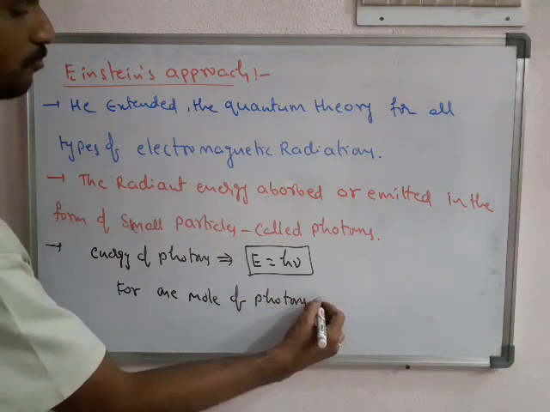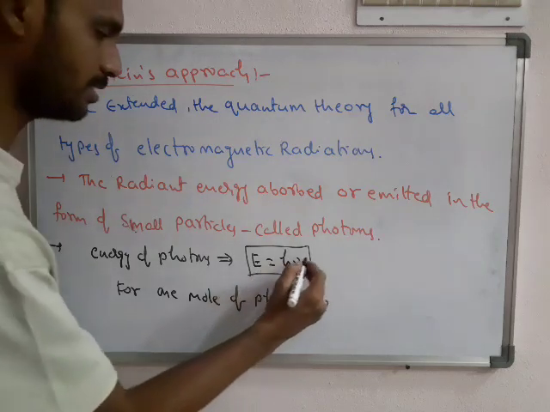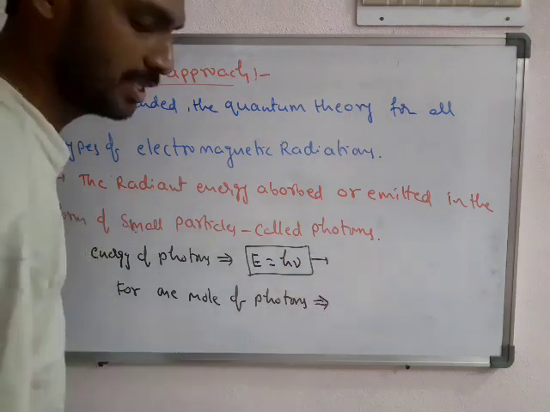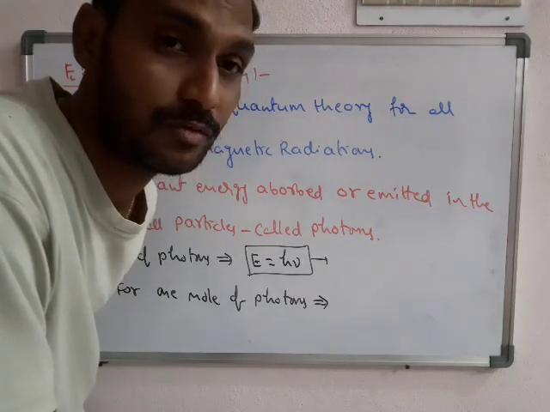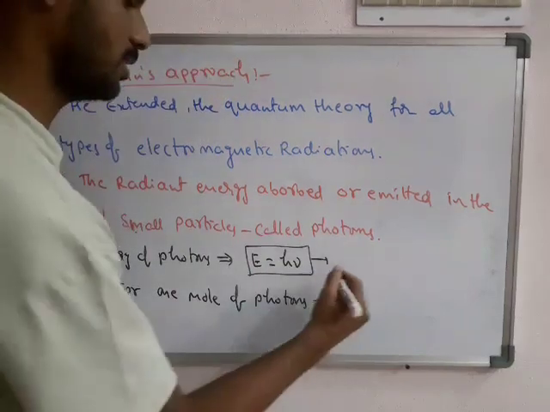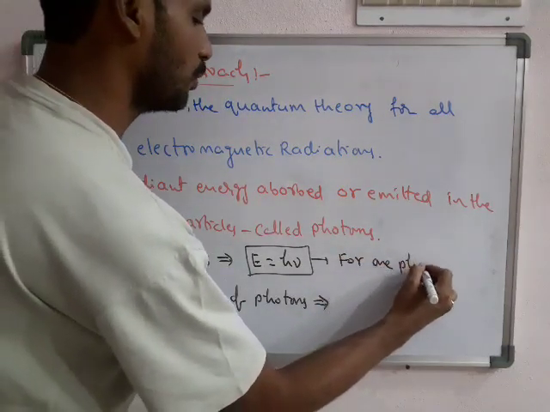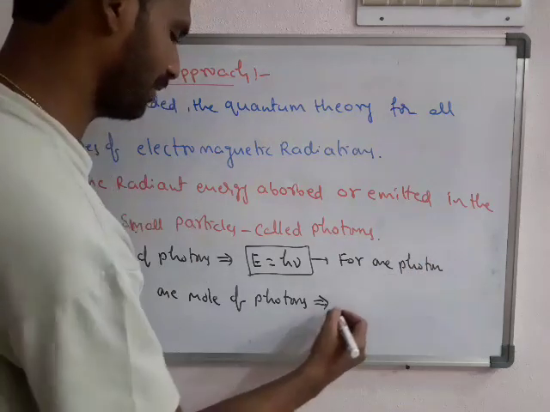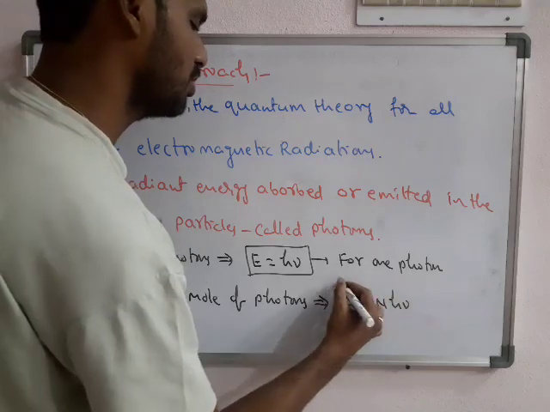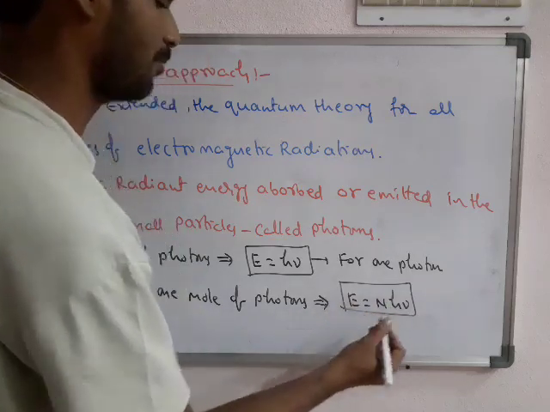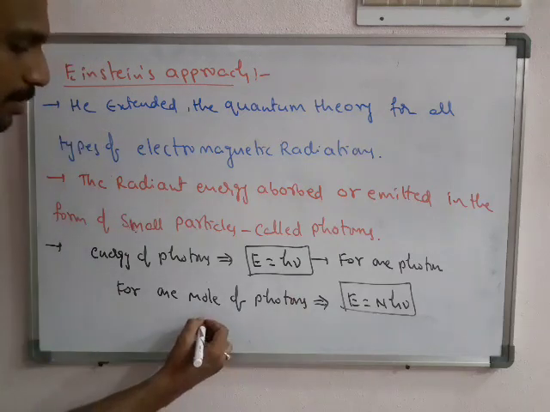E is equal to h nu is, as we already said in Planck's quantum theory, for one packet, and it is for one photon only. For 1 mole of photons, E is equal to capital N h nu, where N is the Avogadro number.